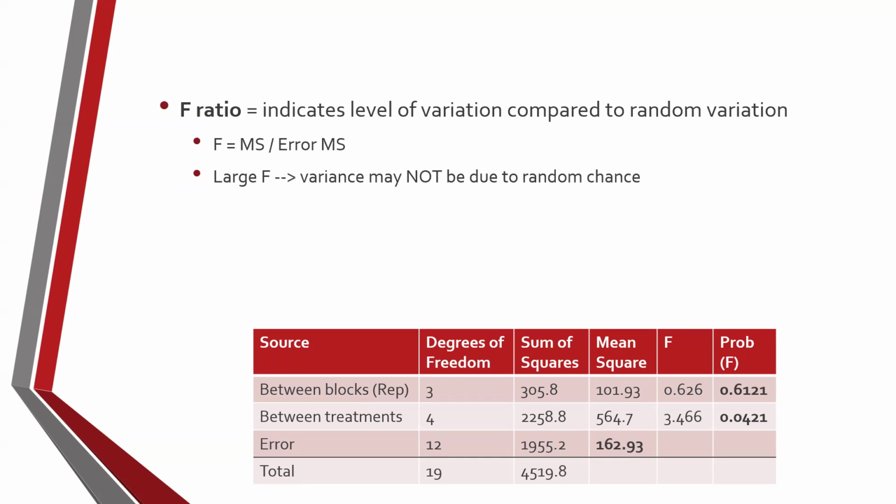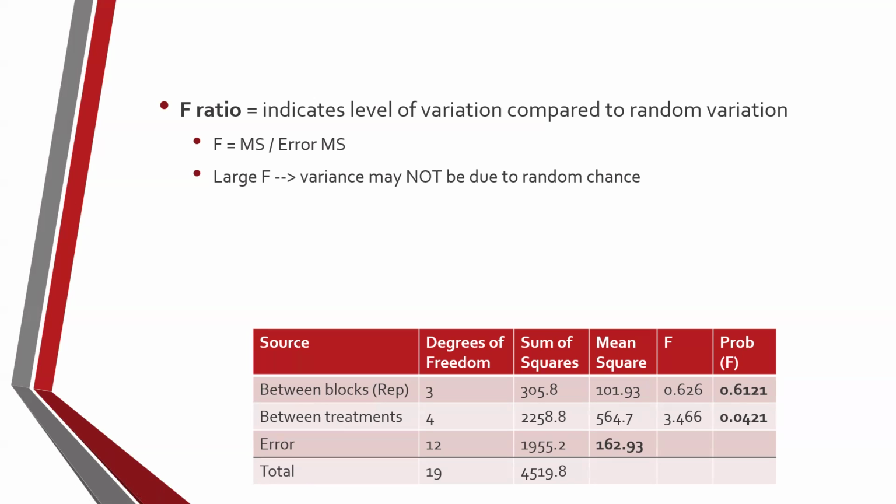Then we calculate an F ratio, which indicates the level of variation from that source compared to the random variation. So we're taking the mean square for the rep, and dividing that by the error to give us this F ratio. And then the same thing for the treatments.